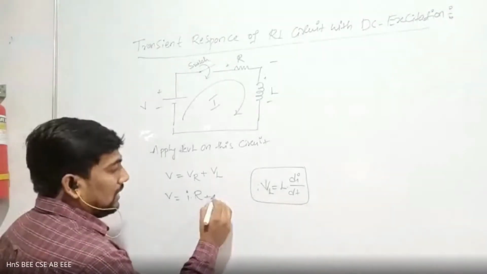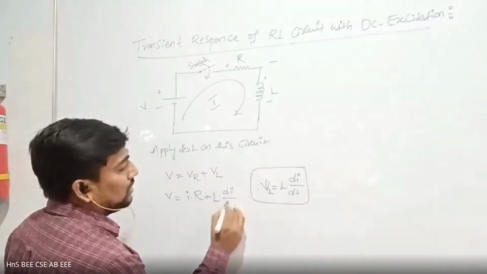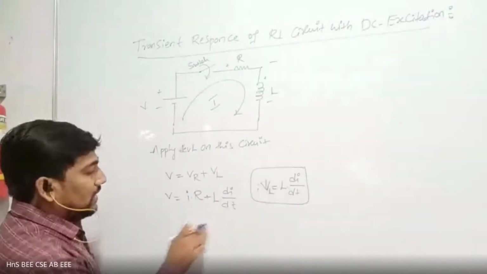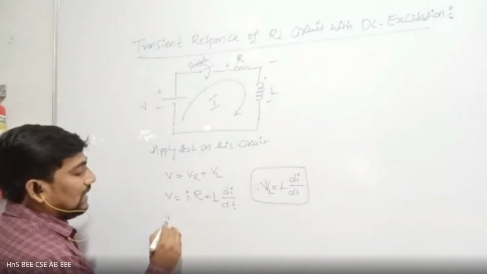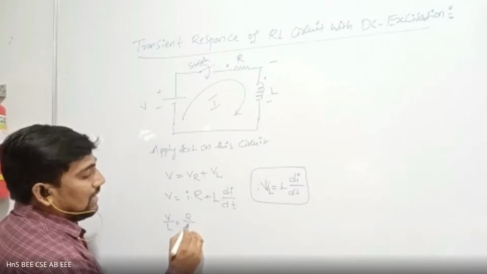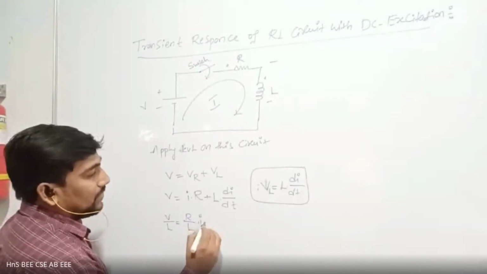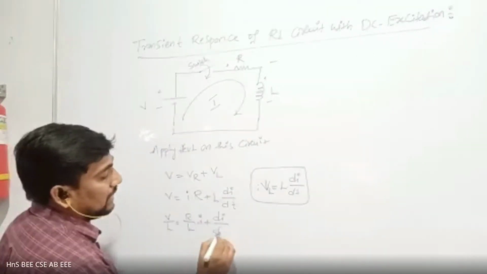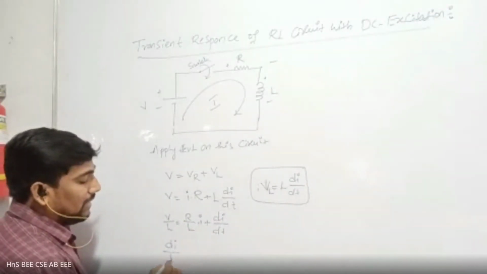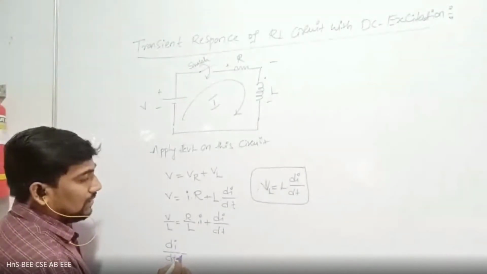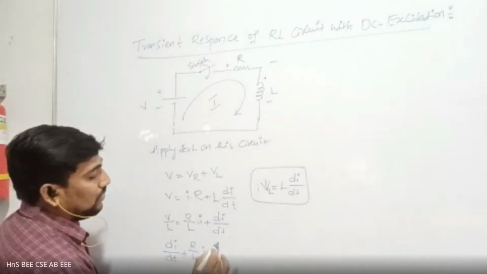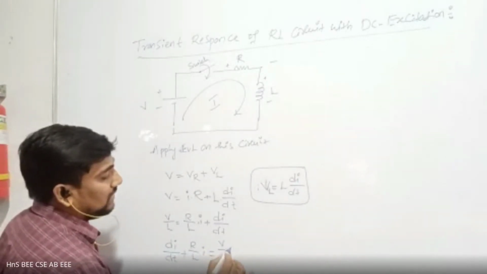Now substitute this and divide both sides by L. Then the total equation can be written as di by dt plus R by L into I equals V by L. This is our equation number 1.